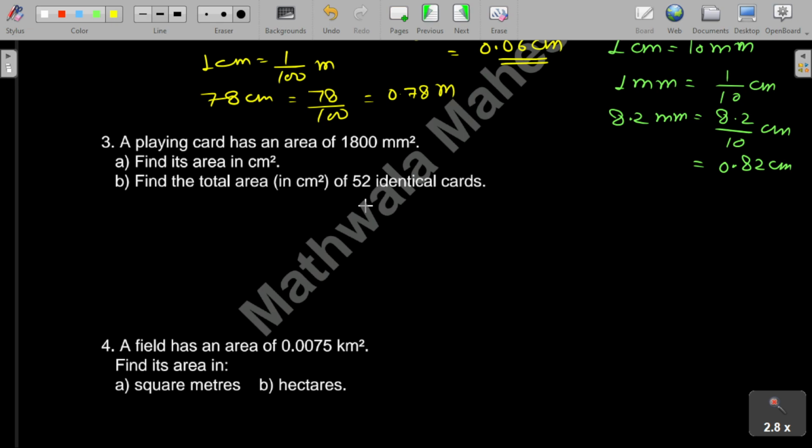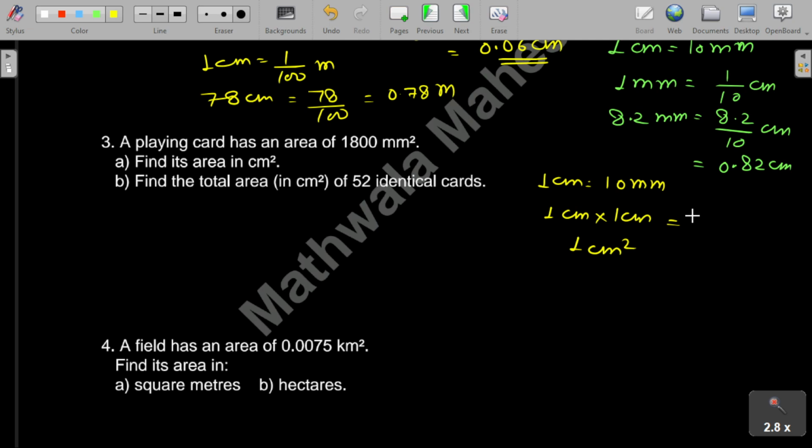So if we multiply 1 centimeter into 1 centimeter, then it is 1 centimeter square. Then we also have to multiply 10 mm into 10 mm, which is 100 mm square.